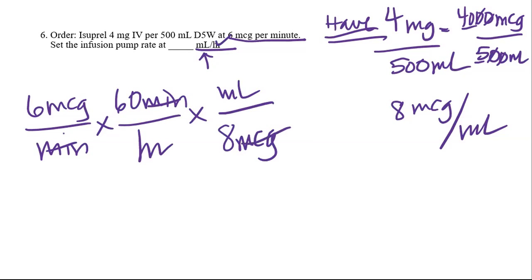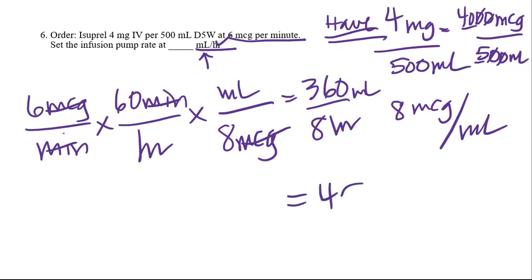We can cross out the micrograms. So here we've got 360 milliliters divided by 8 hours. 360 divided by 8 is 45, so that's going to be equal to 45 milliliters per hour.